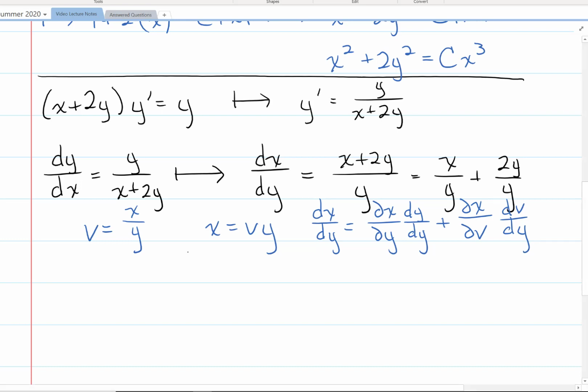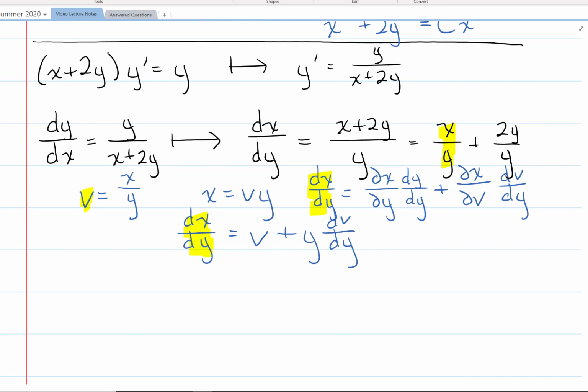And so again, I can do that. Let's do it right here. So the dx dy is the partial with respect to y, so that's just going to be v times dy dy, which is 1, plus the partial of x with respect to v, which is y, times dv dy, and we'll leave that there. And now we're ready to make the substitution of this for this. We'll also make the substitution of this for this, right? And that will lead us to this equation right here.